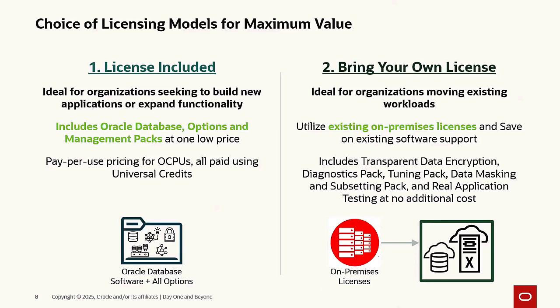This includes all Oracle Database Enterprise Edition options, plus Oracle Database Enterprise Management packs. This subscription model is ideal for customers without sufficient existing Oracle database licenses and seeking to build new applications, or customers seeking to use Oracle database features beyond what they are currently licensed to use.